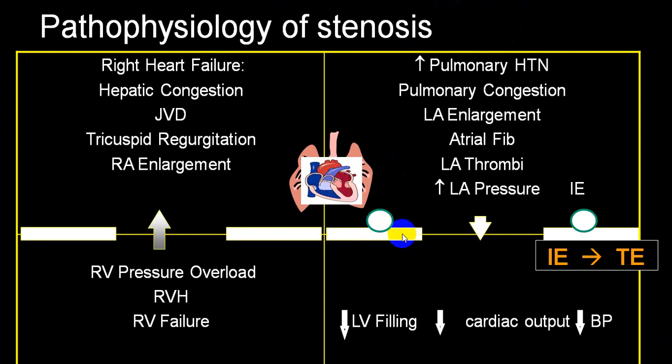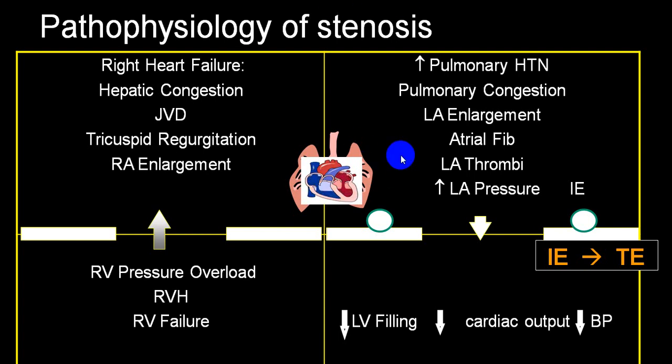Now this damaged valve can get involved by infective endocarditis, and secondary to infective endocarditis you can have dislodgement of this infected material, producing systemic embolization, and you will have all the symptoms and signs of systemic embolization which happen in infective endocarditis, like Osler's nodes, Janeway lesions, splinter hemorrhages, splenic infarct, splenic abscess, meningitis, brain abscess, etc., which we have already discussed before in infective endocarditis.